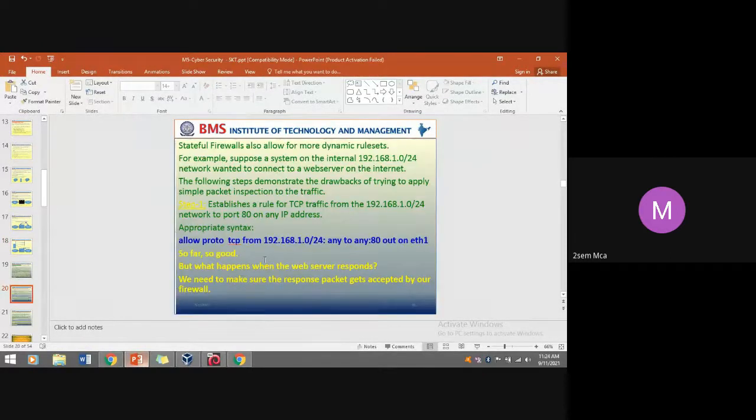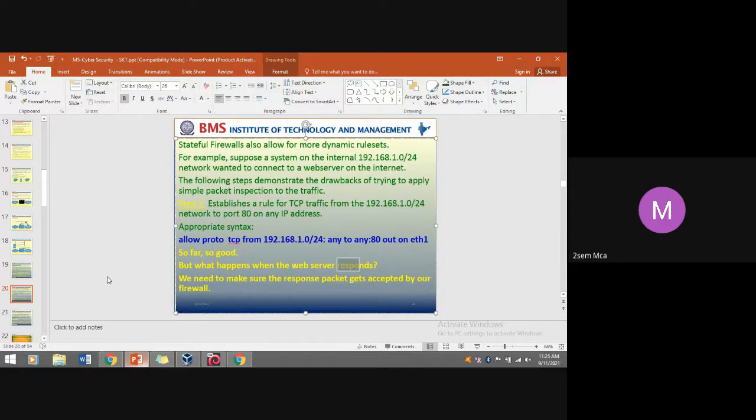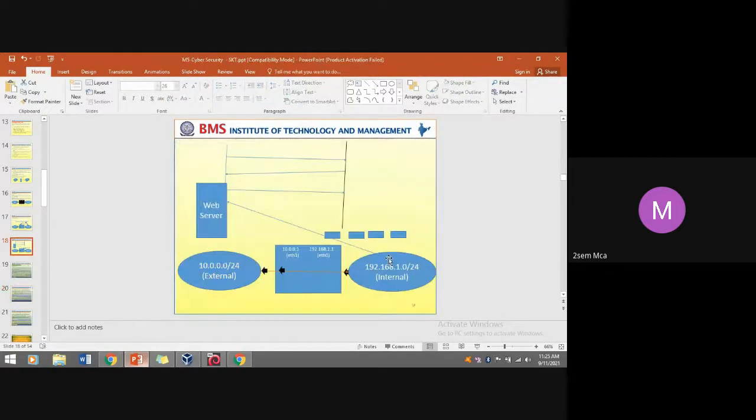Is it clear? So far so good, but what happens when the web server responds? You have to clearly define that. One-way communication is established by you from any computer in the internal network through the firewall to any port which is open as 80.